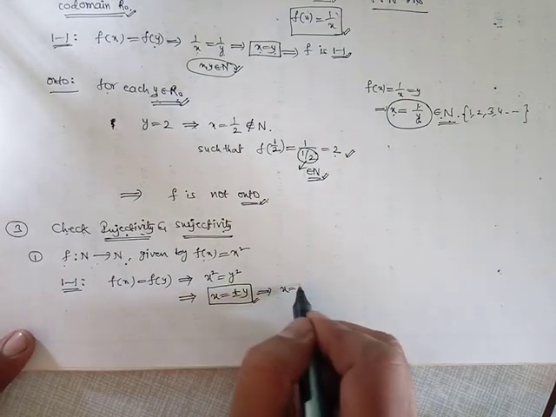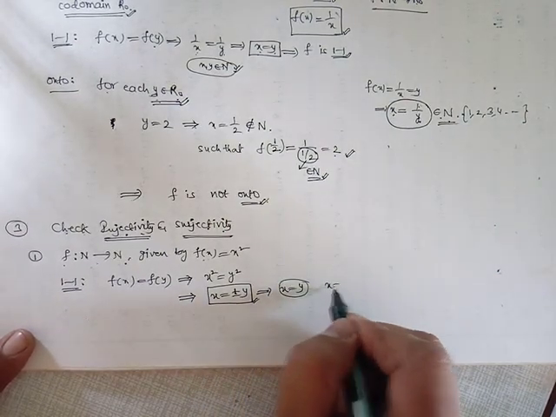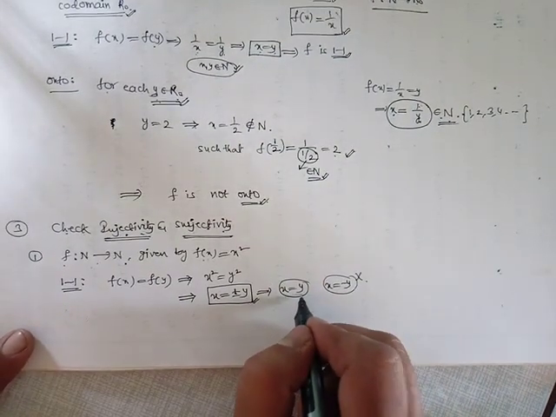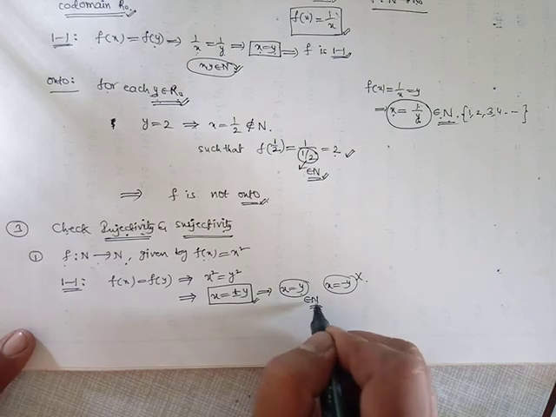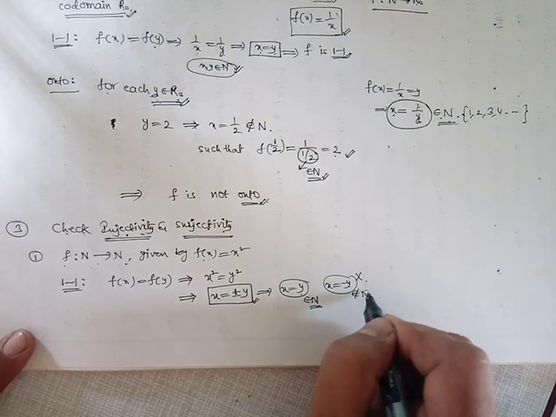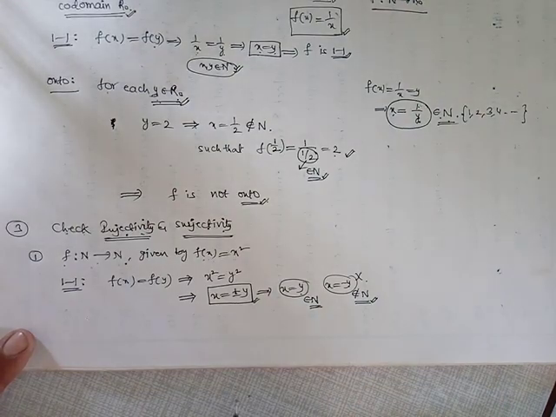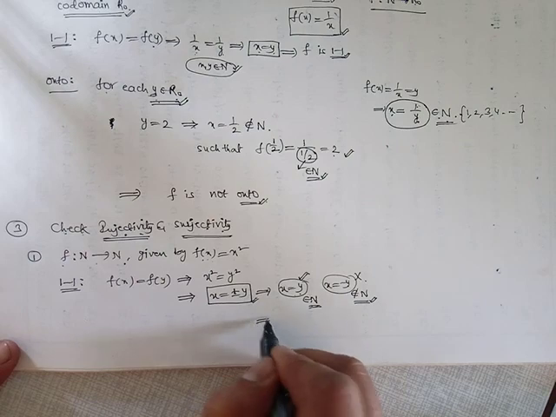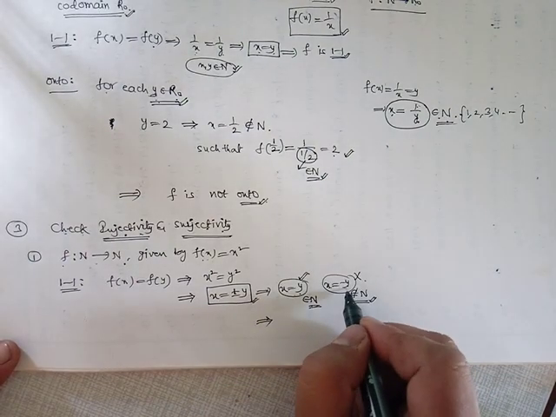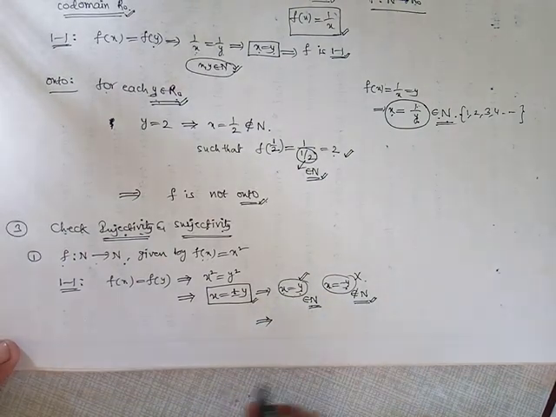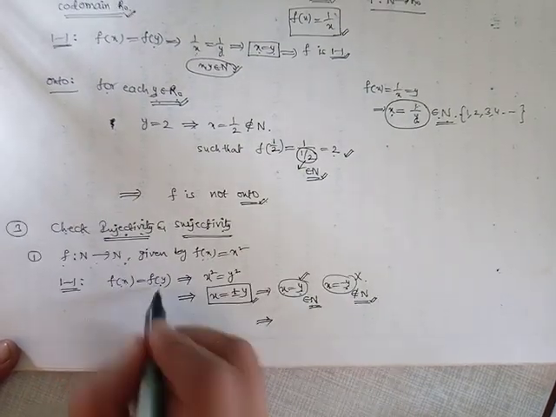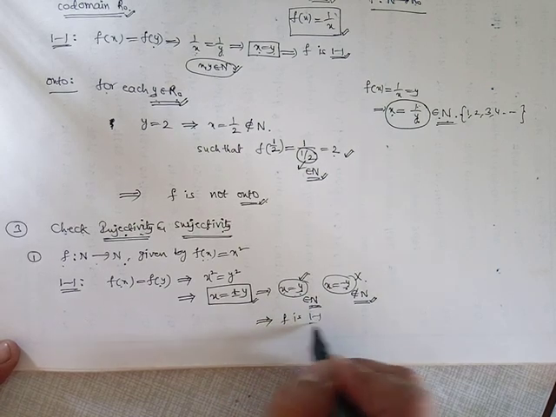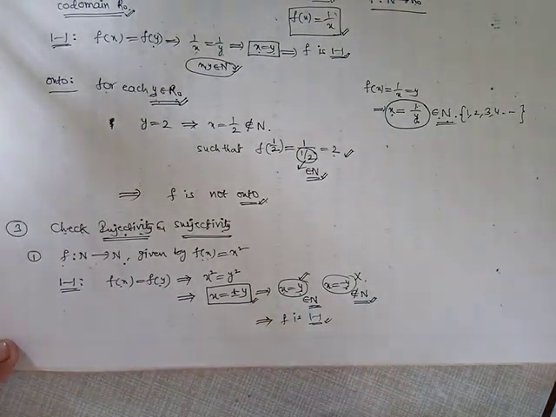So this implies x is equal to y, and x is equal to minus y should be neglected, because these numbers come from the natural numbers and minus y does not. So x is equal to y is the case that comes, f of x is equal to f of y, then you can take f is 1-1.